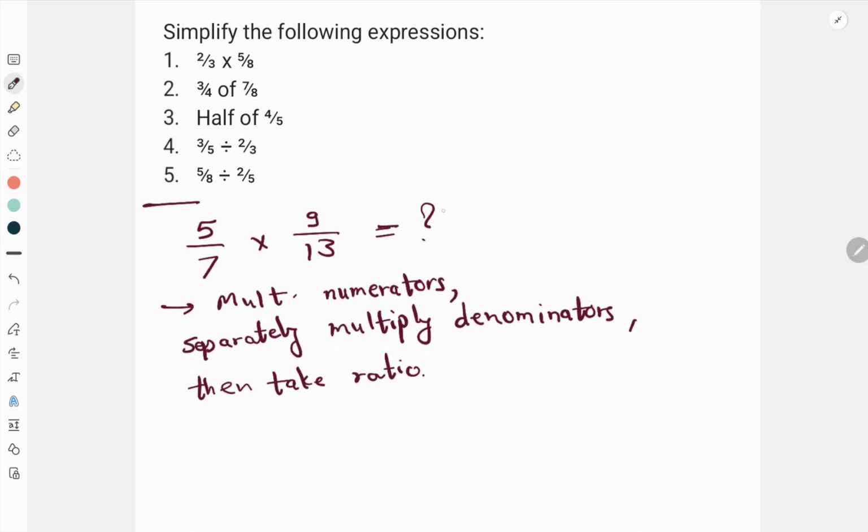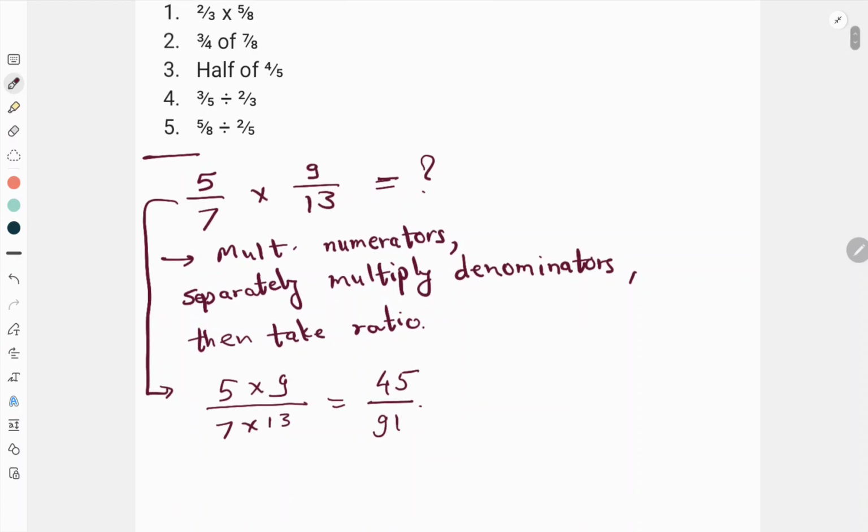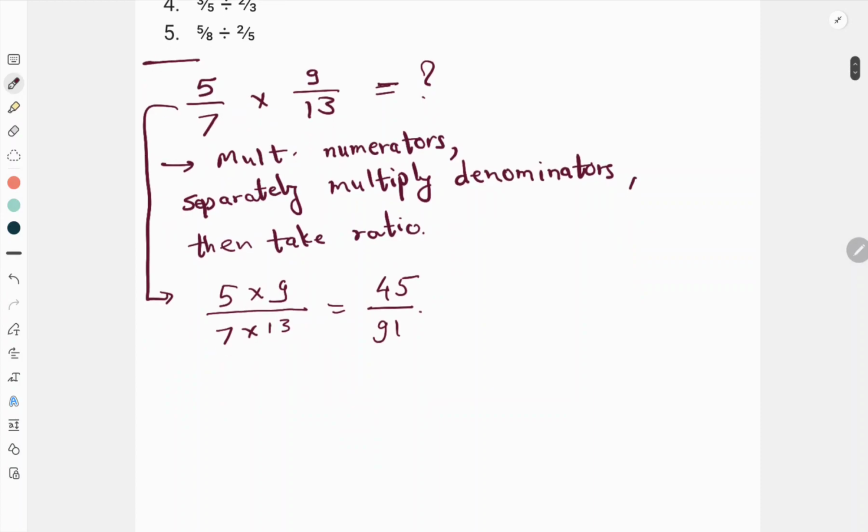So in this example, this will be equal to 5 times 9 divided by 7 times 13, which is 45 divided by 91. The actual numbers here are not important, but this is the method. We always only multiply fractions, and we multiply numerators separately, denominators separately, and then take the ratio.